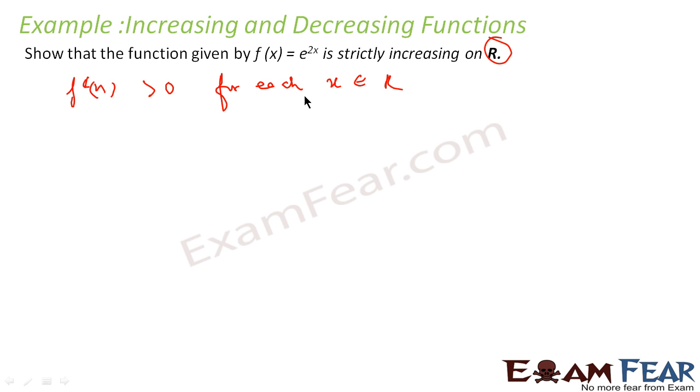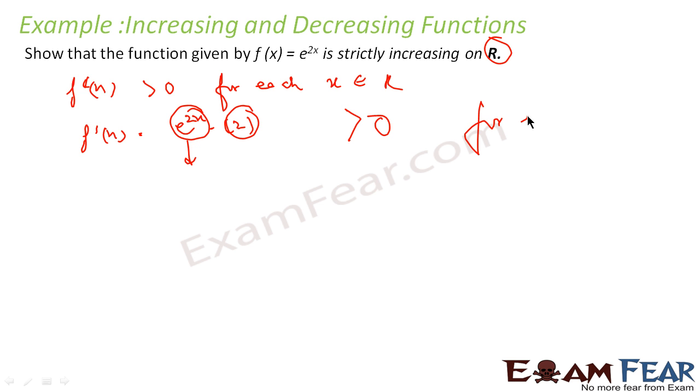So let's find f dash x. f dash x will be nothing but e to the power 2x into 2. Now we know that e to the power something is always greater than 0. It's always positive. And positive into positive is always positive. So this is always greater than 0 for any x that is a member of R.